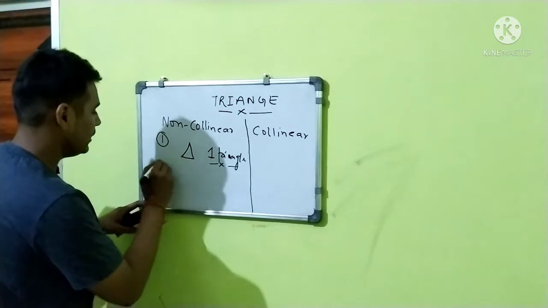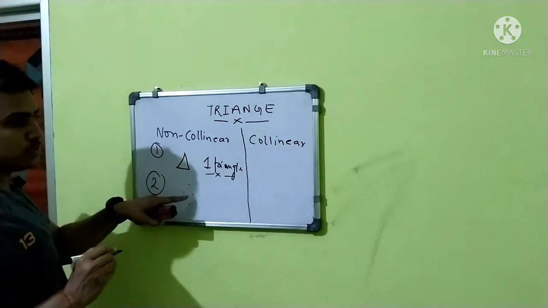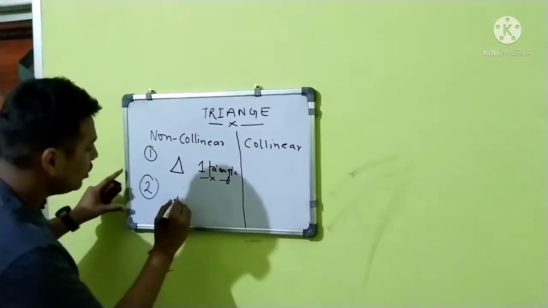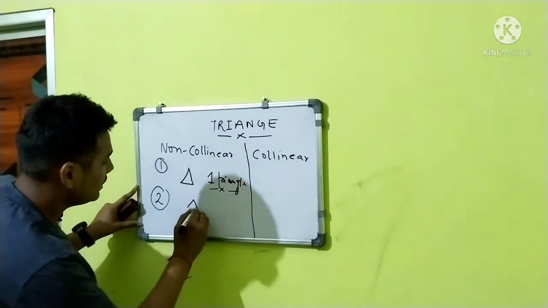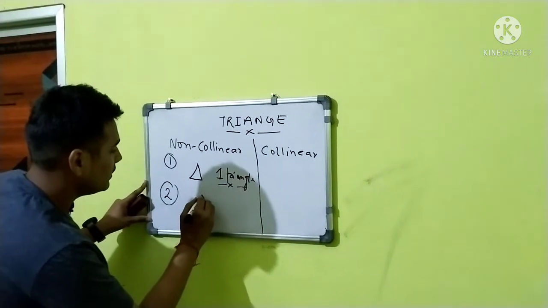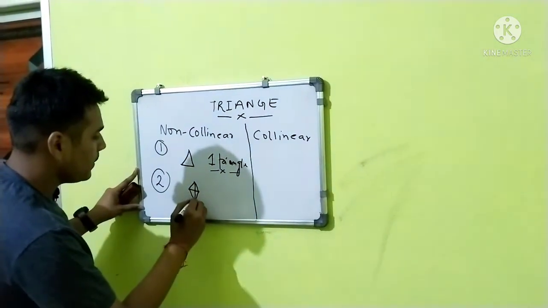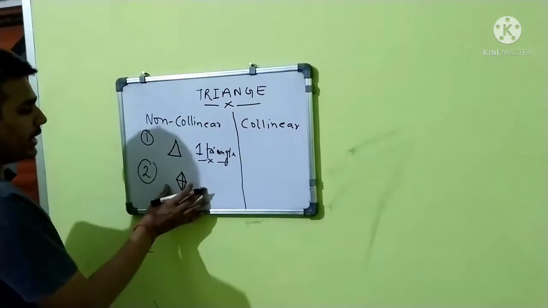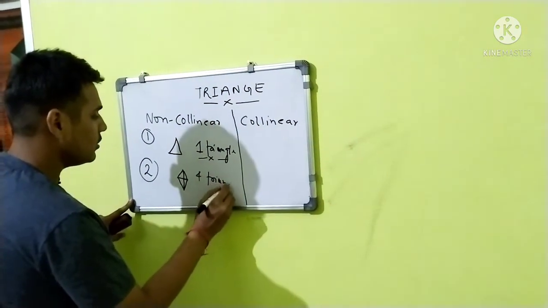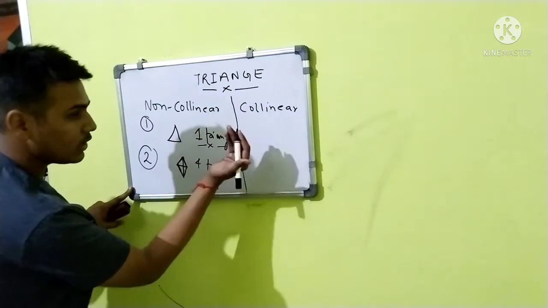In the second condition, if there are 4 non-collinear points, how many triangles can you draw? Let us see. One triangle, second triangle. Now joining the two opposite vertices gives the diagonal. So with 4 points you can draw 4 triangles: this is one, second, third, and fourth.